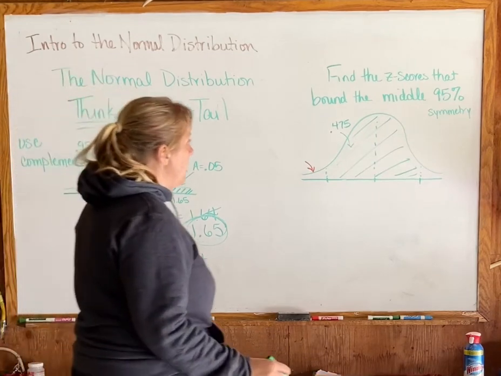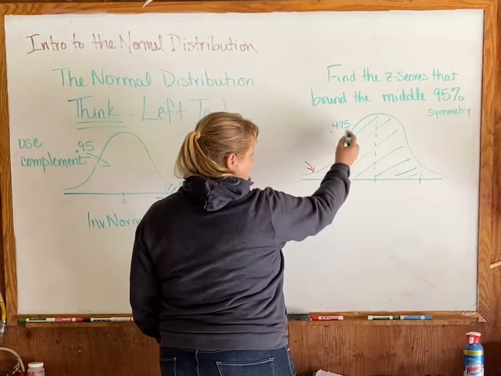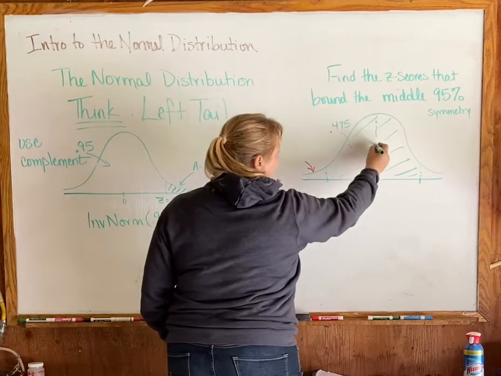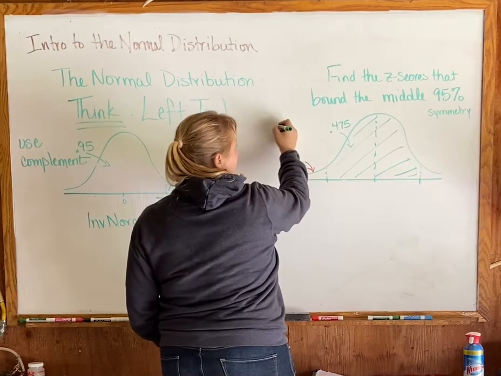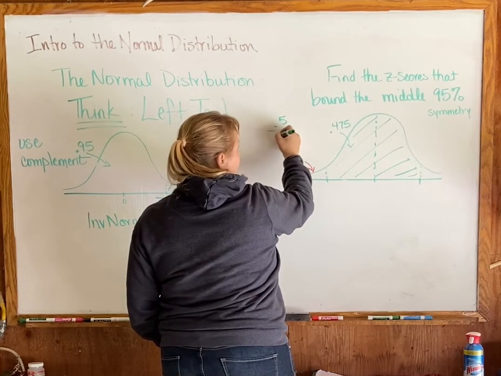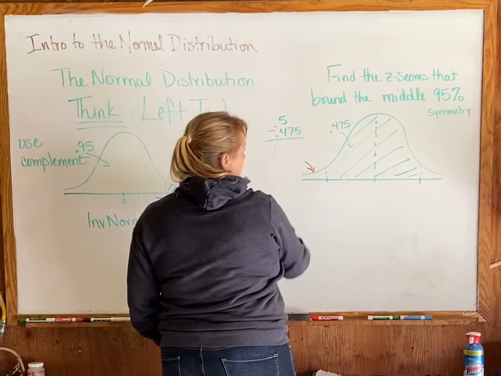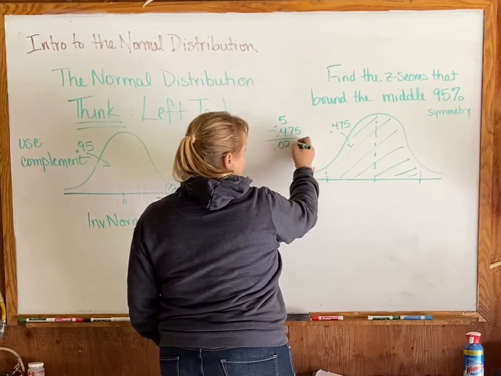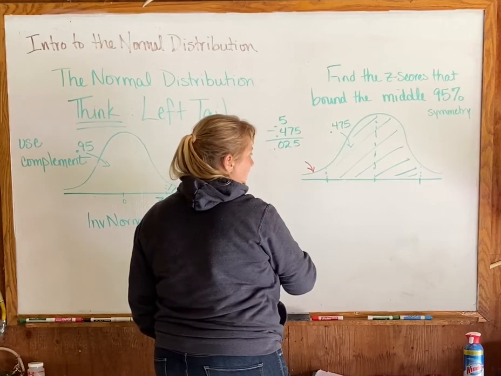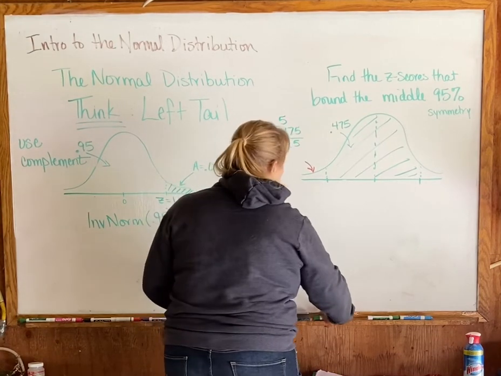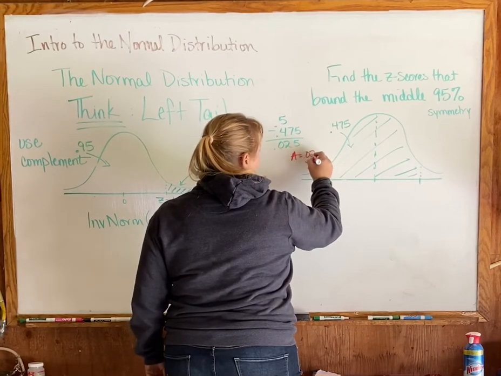Then if this is 0.475, but this whole half is 0.5, what's left over here? So could we go 0.5 minus the 0.475? And would that give us 0.025? So this area that we have here ends up being 0.025.